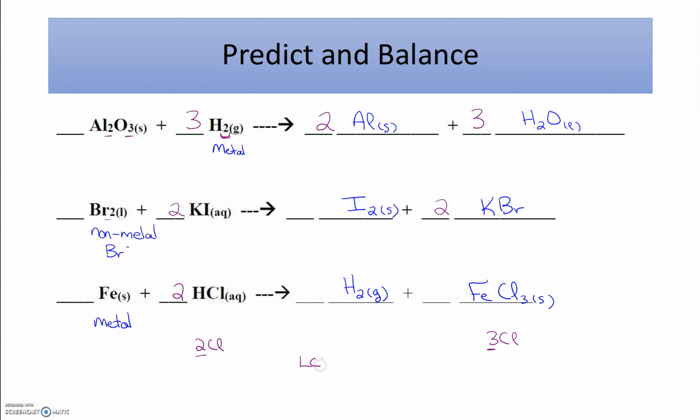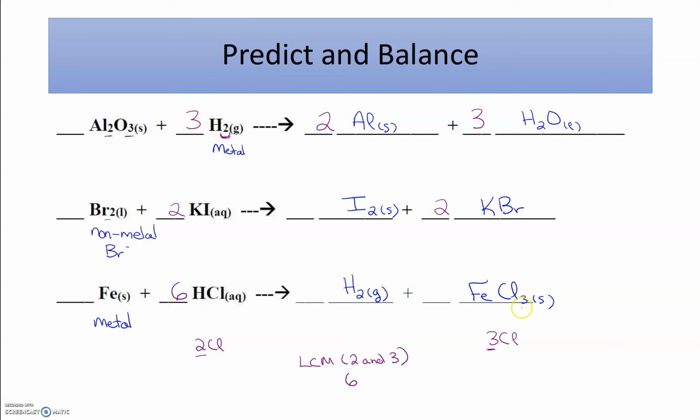And so my lowest common multiple between 2 and 3 is 6. So that means I'm going to need to have 6 chlorines on the reactant side and 6 chlorines on the product side. So I'm going to need to change this coefficient in front of my HCl to 6.